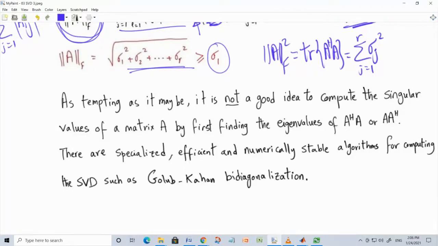But if you want to use the SVD for a more serious purpose than solving a homework problem, you need to implement some specialized algorithms that are very well designed to compute the SVD in a numerically stable way.